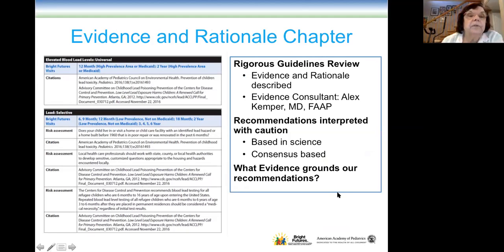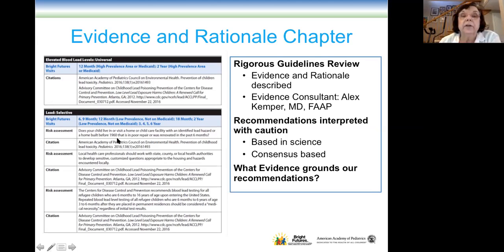So you first would do maybe some risk assessment. Does your child live or visit a home child care facility that has identified lead hazards or built before 1960? In California, it's actually built before 1978 is the screening risk assessment measure.